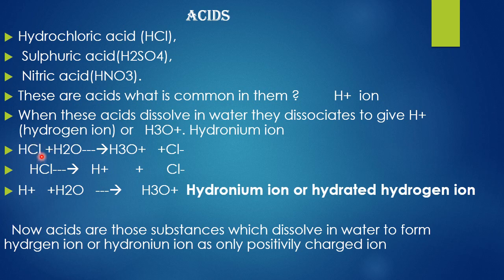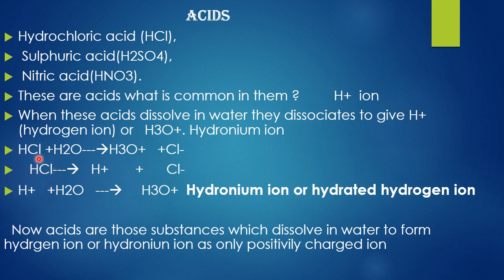Let's take this example. Hydrochloric acid, when water is added to it, forms hydronium ion, H3O+. This is hydronium ion along with chloride ion. Let's understand how this hydronium ion is formed. This equation we can write in two steps.